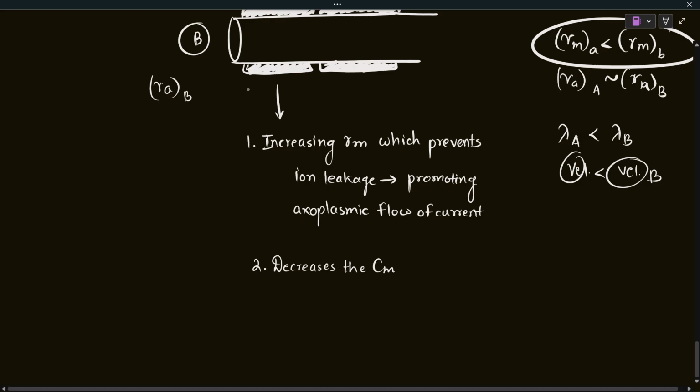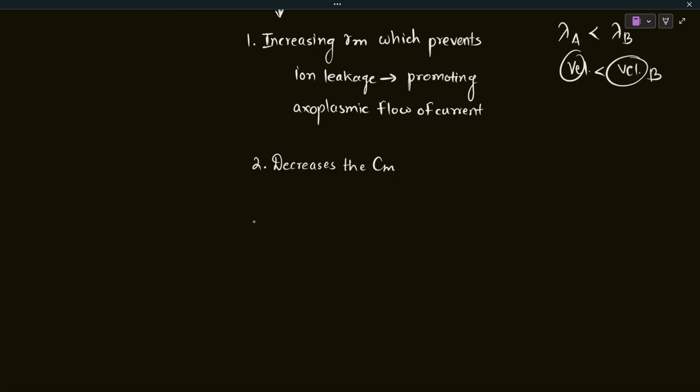Okay, so let's understand it in a different way. Capacitance means the charge storing capacity of the membrane. Once the charge storing capacity of the membrane is decreased, this means the membrane is not storing charge. So what is it doing? It is doing the ion flux.